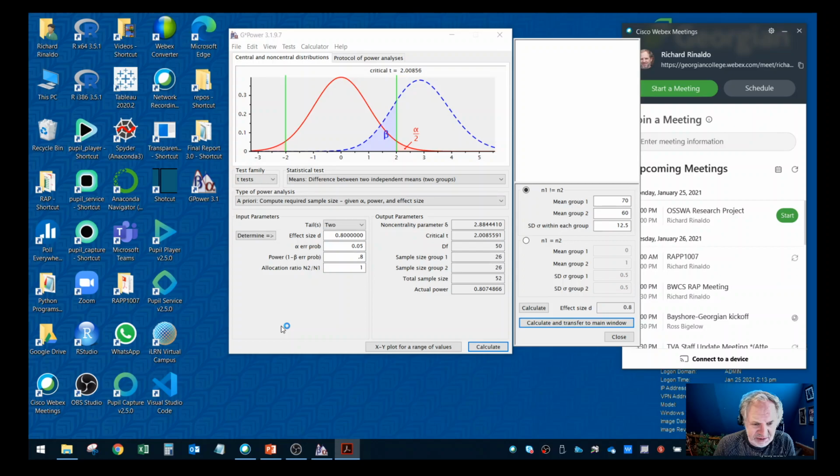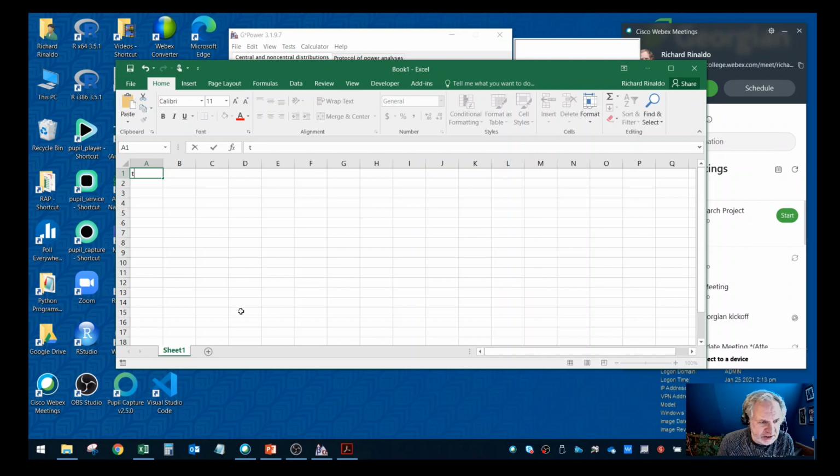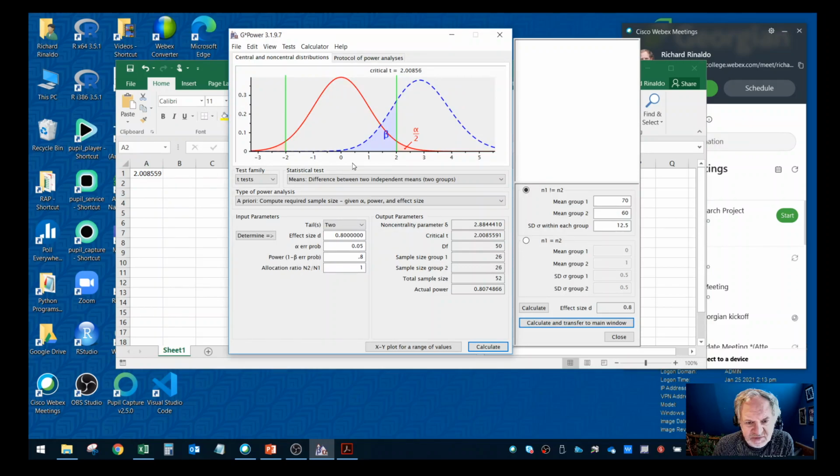So I can do t equal to T.INV.2T of 0.05 with 50 degrees of freedom, and there's my 2.008559. They're rounded. And using these two distributions, T0 and a difference of 10 in terms of the t distributions, that calculates my beta. There's my beta, the probability of making a type 2 error. There's my 0.2, and then here's my 0.8 for my actual power.